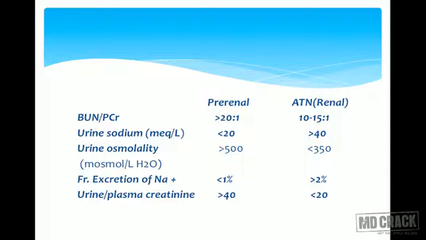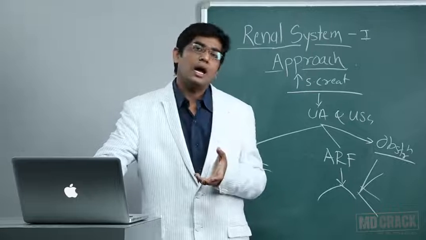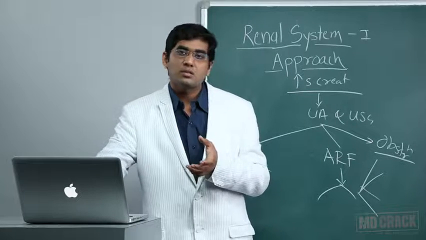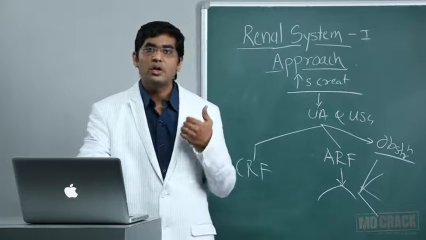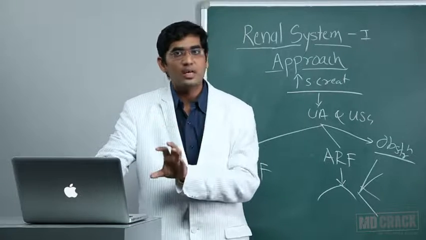From the MCQ point of view, the commonest MCQ asks regarding fractional excretion of sodium. When fractional excretion of sodium is less than 1%, the diagnosis of pre-renal should be considered. Because the commonest cause of pre-renal is fluid loss or pancreatitis, our kidney function is normal as such.